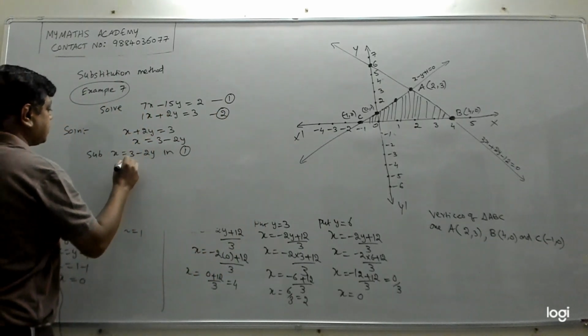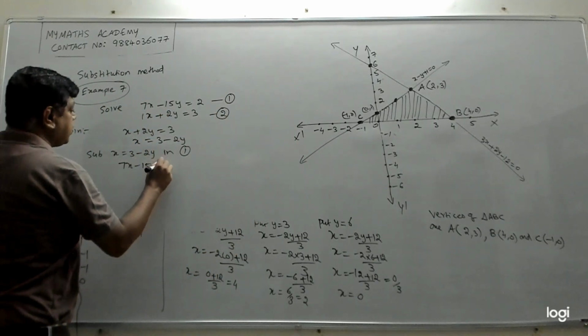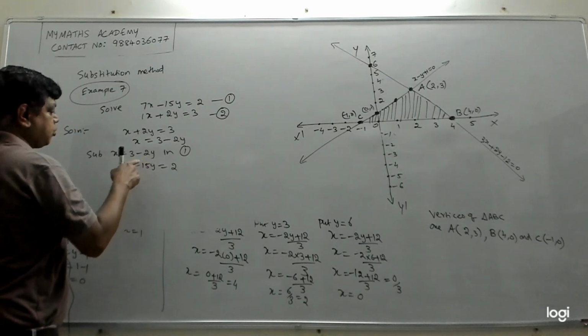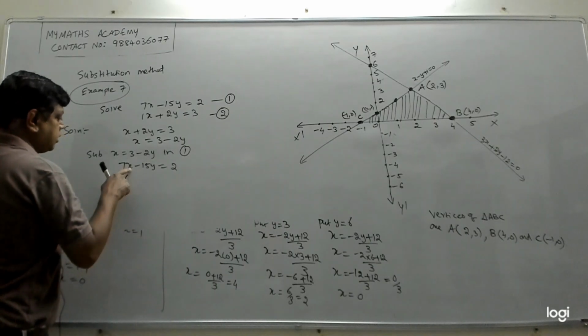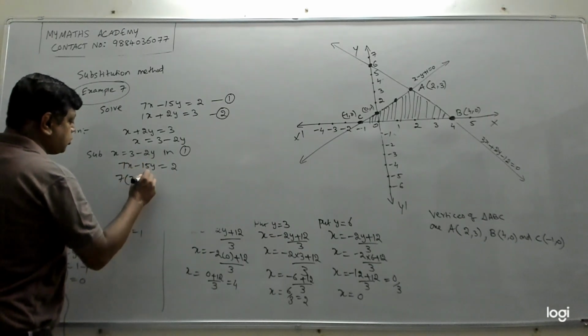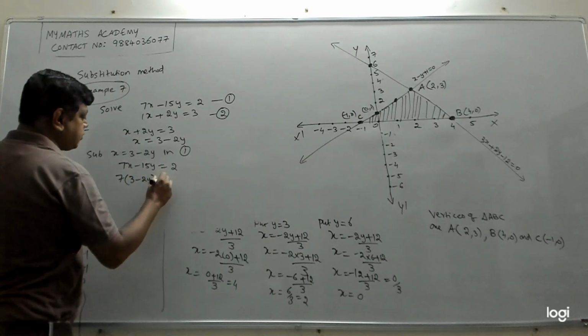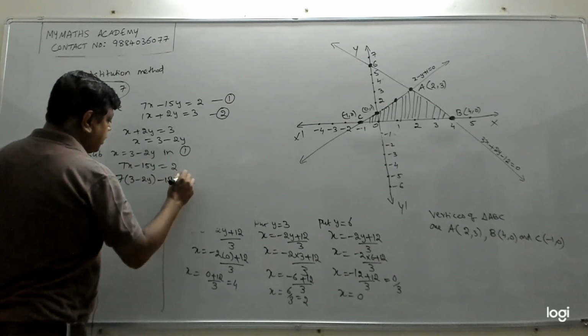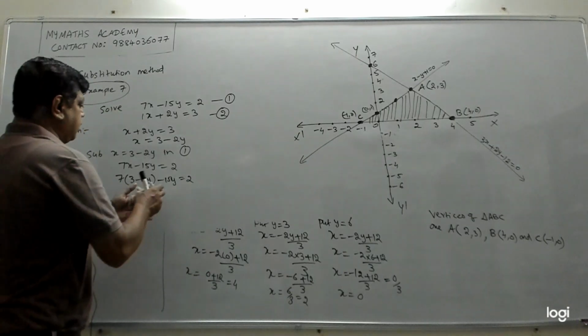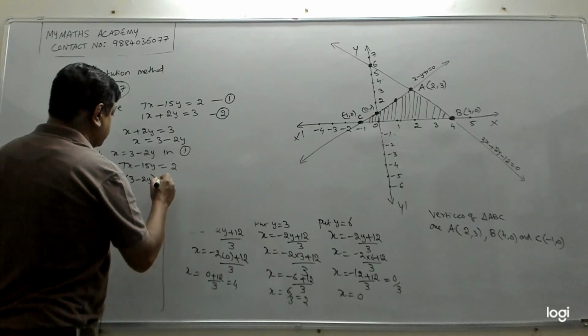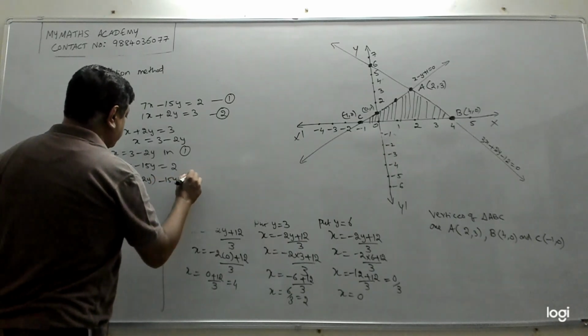The first equation is 7x minus 15y equal to 2. In this I am going to substitute x as 3 minus 2y in the place of x. So 7 into 3 minus 2y, instead of x. Then minus 15y I am writing as it is, equal to 2. Clear?